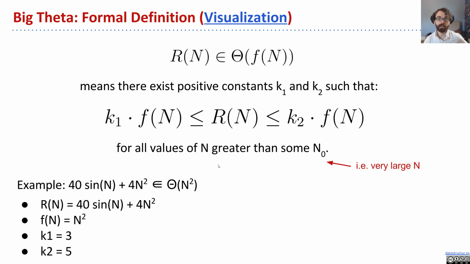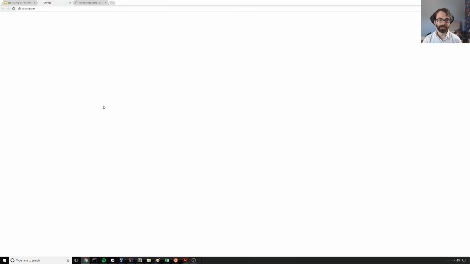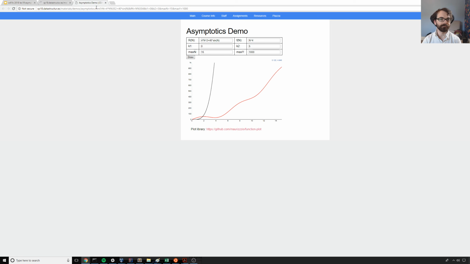But before we get there, let's put it on rigorous ground. Big Theta, as you may recall, had a very formal definition where we said that R of n is Big Theta of f of n if it can be bounded below and above by scaled versions of the function that it is Big Theta of. So this picture, as a reminder: this red function is the R of n, and these are the scaled versions of f of n.